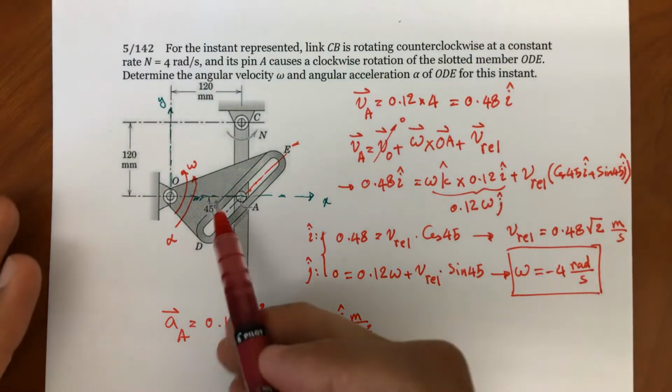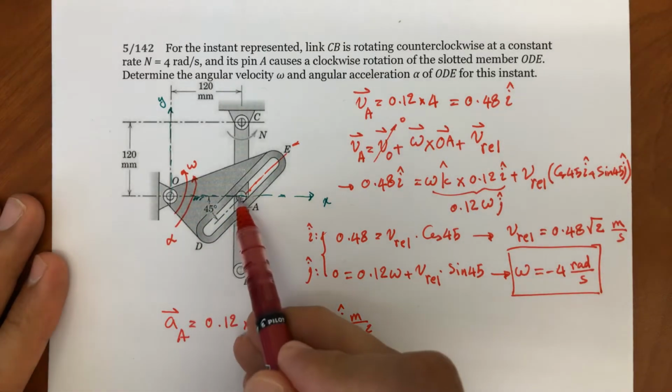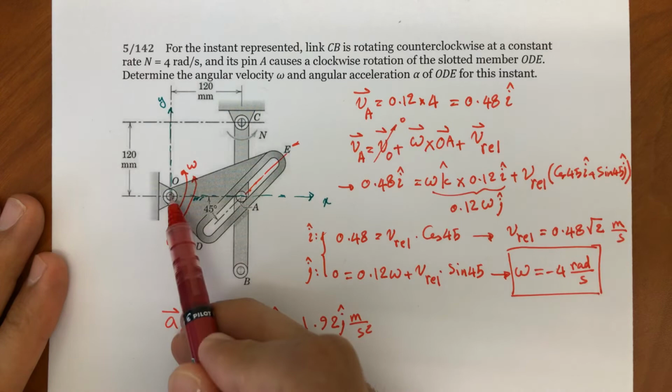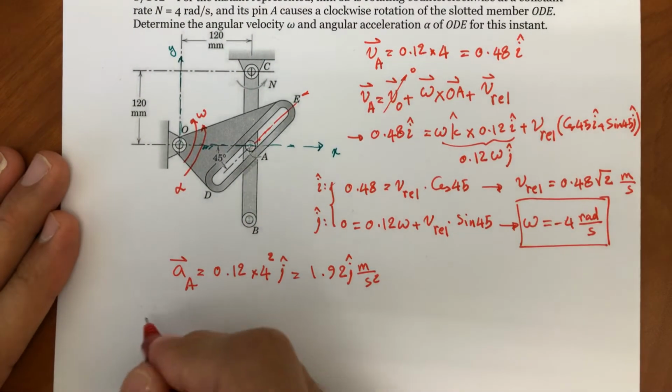Now, if you look at it from the other side through this rotating frame, the acceleration of this point is going to be acceleration of O plus other terms that we had in that equation. Let me write it down.